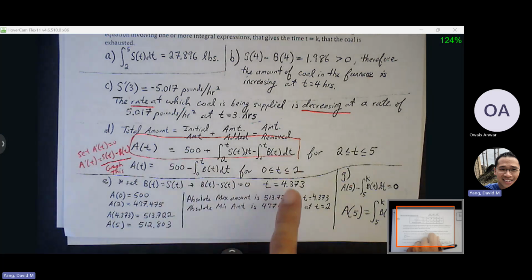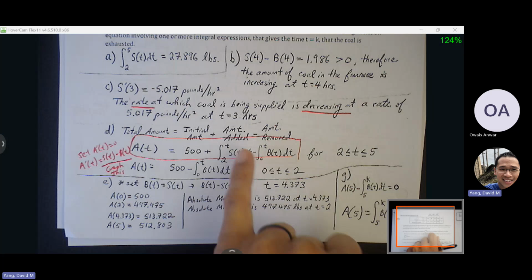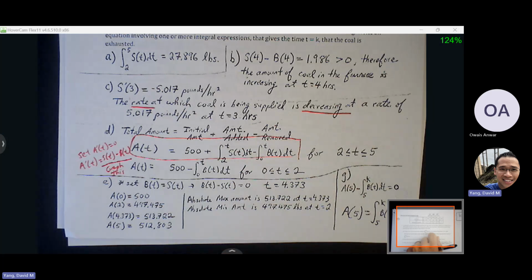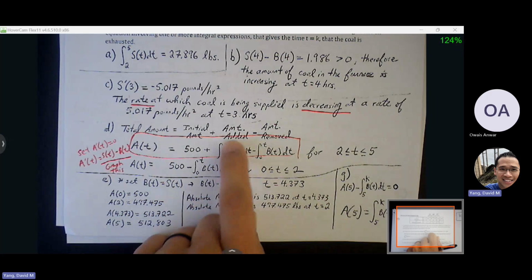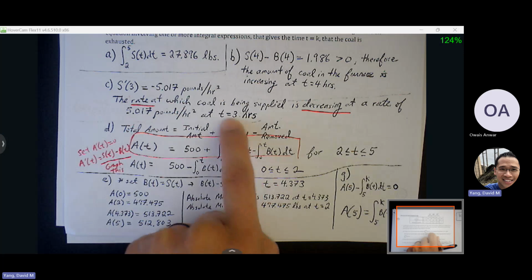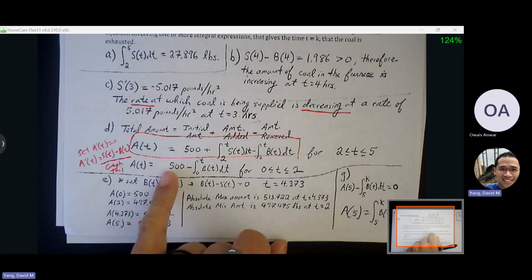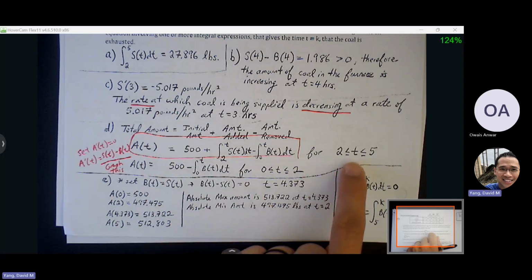Between 0 and 2 hours, S of t is not part of the formula. It's only after 2 hours that coal is being added. So between 0 and 2 hours, the coal being added is 0. So we have a slightly different formula between 0 and 2 hours versus from 2 hours to 5 hours.